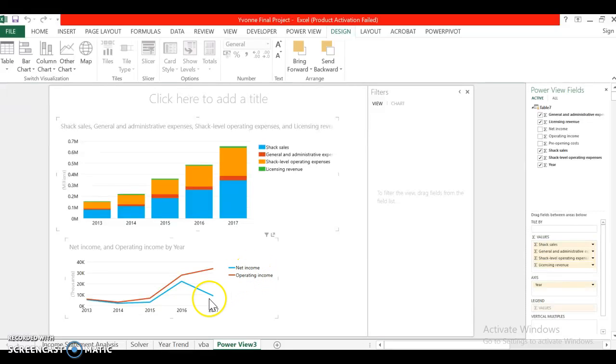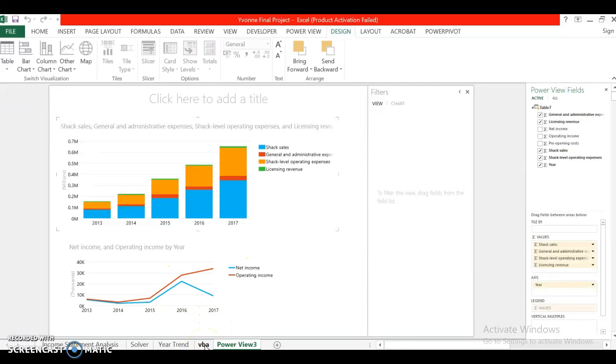And the reason why the net income dropped from 2016 to 2017 while the operating income increased is the tax adjustments it has made to the financial statements. So the operating income is still increasing.